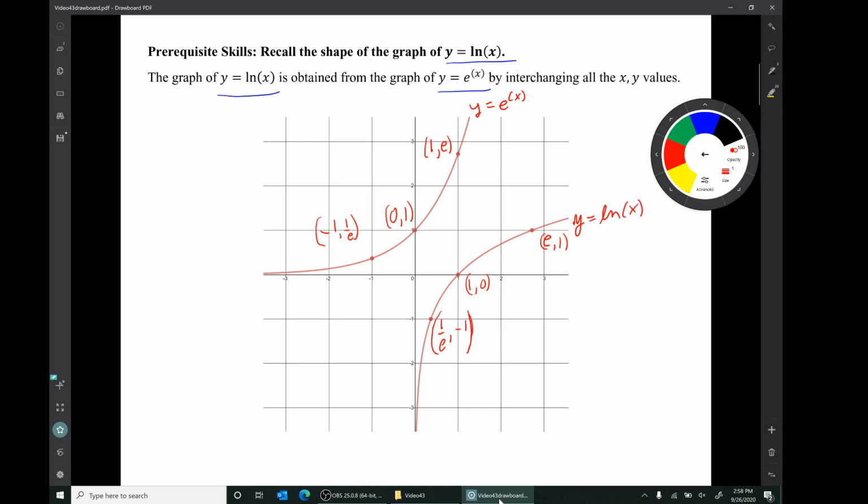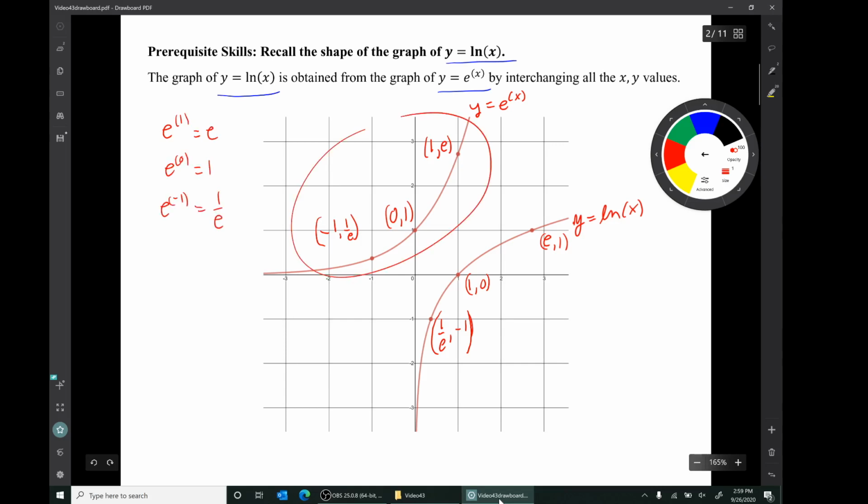Now, these points tell us some useful values of ln of x at particular values of x. Let's go back and recall where these points on the graph of y equals e to the x came from. Those 3 distinctive points came from these 3 straightforward calculations. Well, most students can remember these things or make sense of them, but students don't usually remember the corresponding easy calculations involving ln of x.